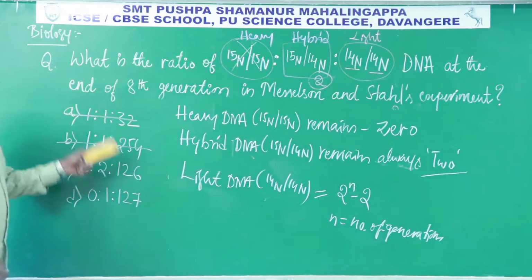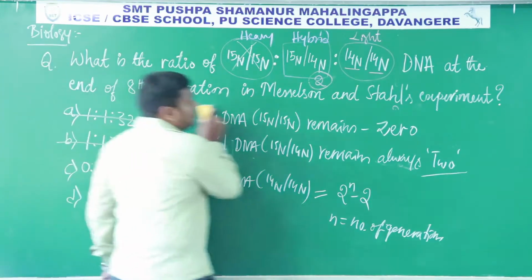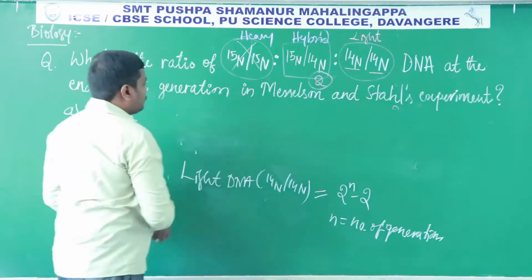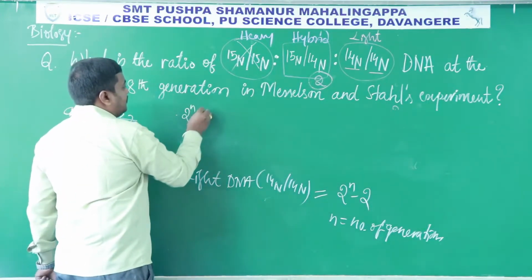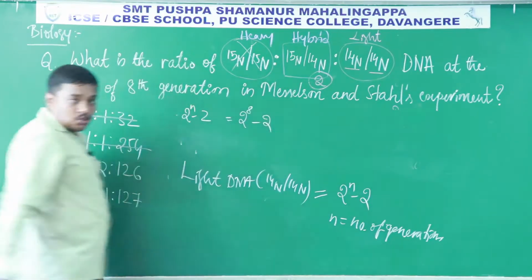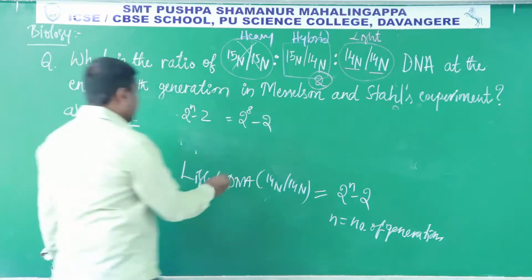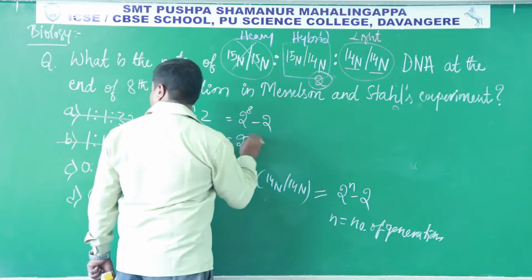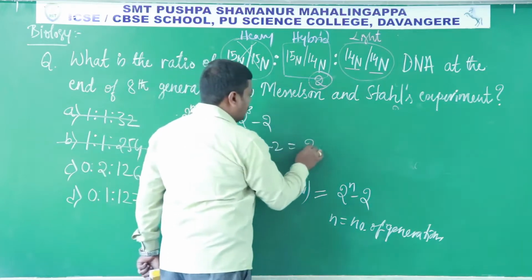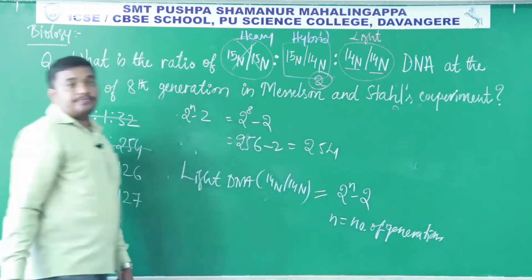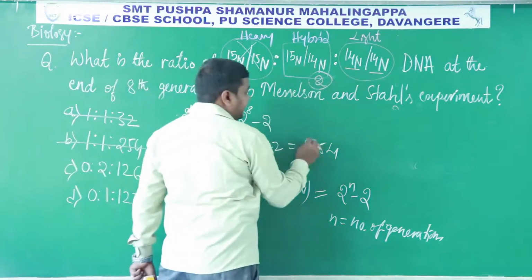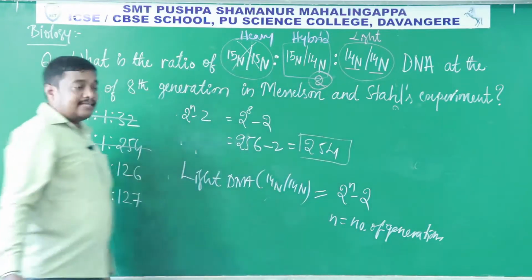For the given question, they have given the 8th generation, so 2 raised to 8 minus 2. 2 raised to 8 is equal to 256. 256 minus 2 is equal to 254. So 254 will be the amount of light DNA at the end of the 8th generation.